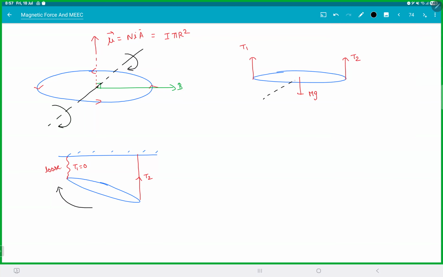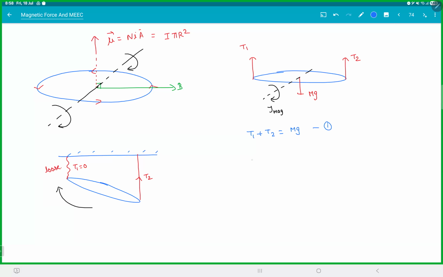And now we also have one magnetic torque, in the other direction, sorry. So the system is in equilibrium. So T1 plus T2 is equal to mg. Great. It is also in rotational equilibrium.